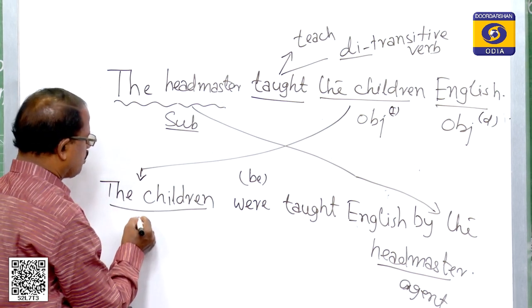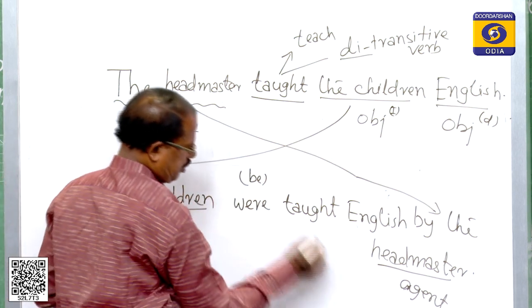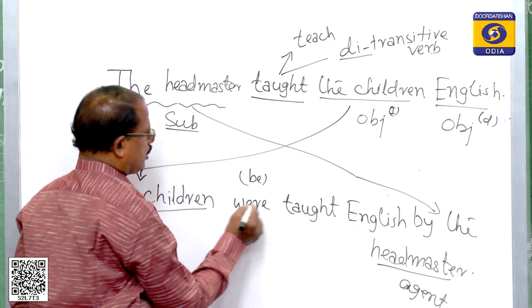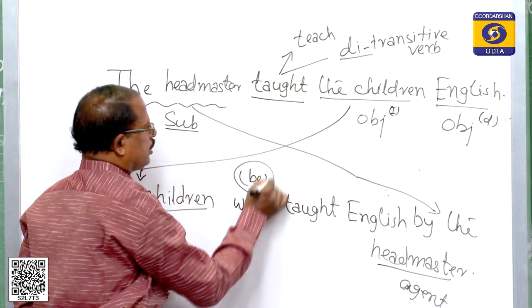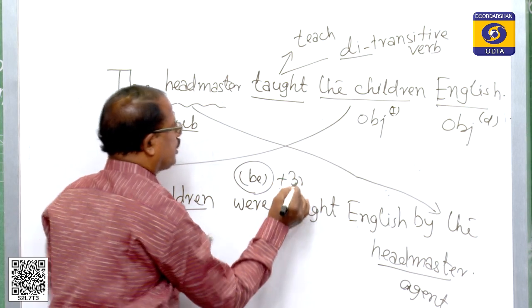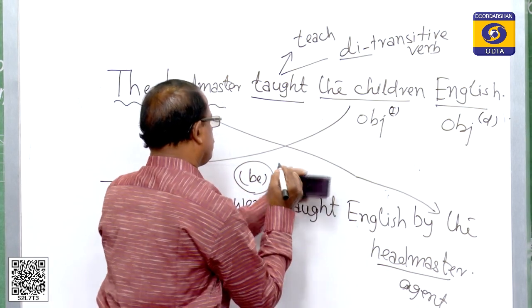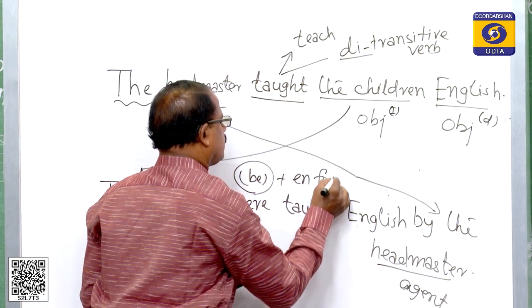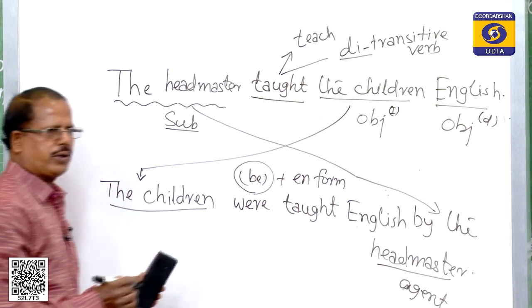This object becomes the subject, and the subject becomes the agent, or by agent. Then the be verb is used, and the third form. So, be plus third form of the verb, or we say en form, right. This is actually very easy.